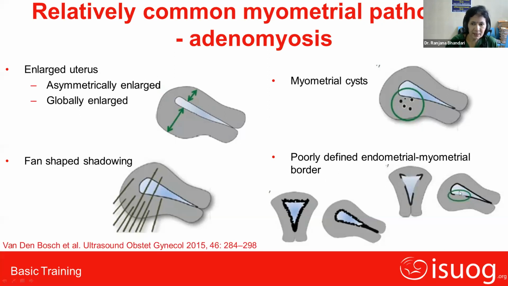See, in this case, it is disrupted. So there is poorly defined endometrial myometrial border. So first is enlarged uterus, fan-shaped shadowing, myometrial cyst, and poorly defined endomyometrial border.